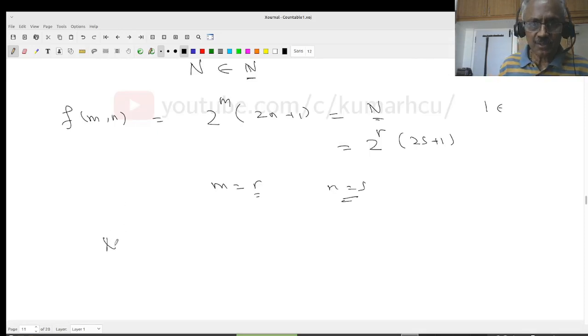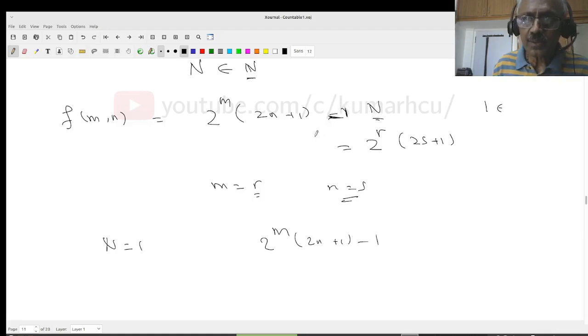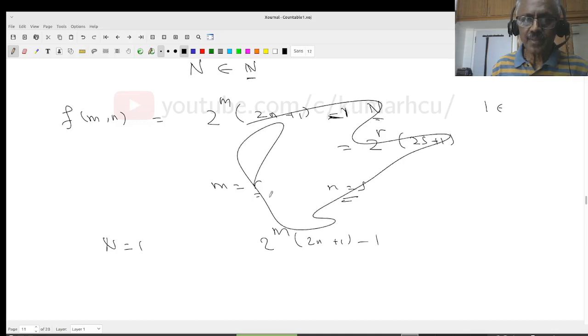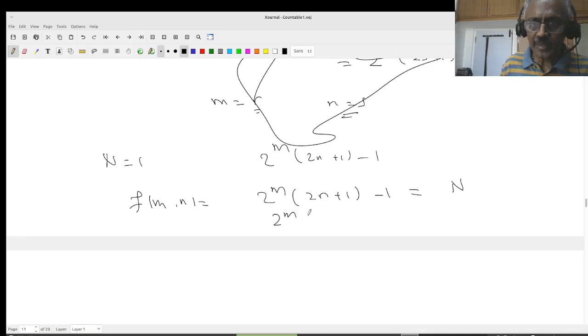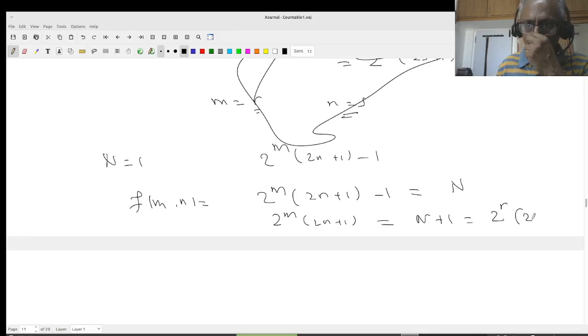Let us also suppose n equal to 1. What do I want? 2 to the power m, 2n plus 1. Sorry, minus 1. I am very sorry, I got carried away. f of (m,n) by definition is 2 to the power m, 2 power n plus 1, minus 1. This I want to be n. That means 2 power m into 2n plus 1 must be equal to n plus 1. But this n plus 1 I can write as 2 power r into 2s plus 1.